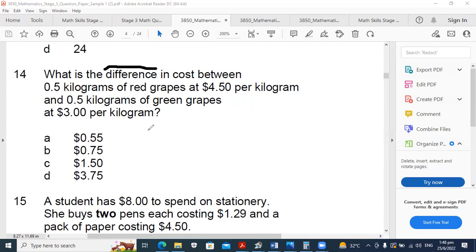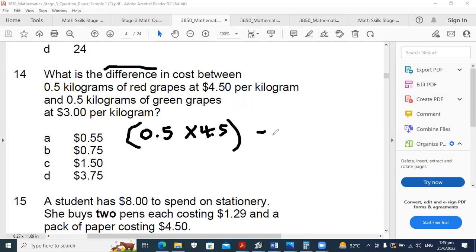So it's just 0.5 times 4.5, because that's a unit price.